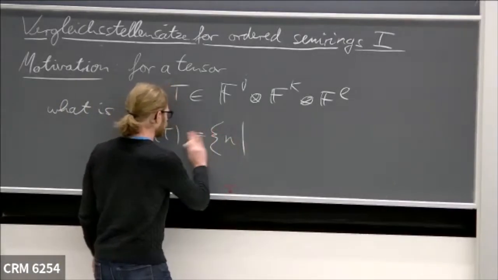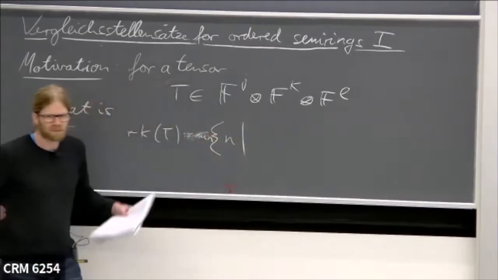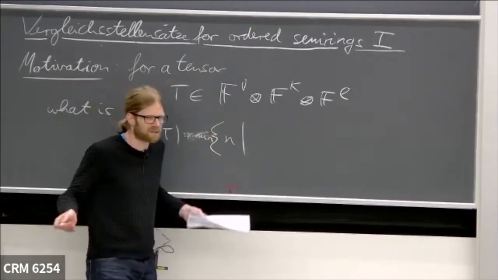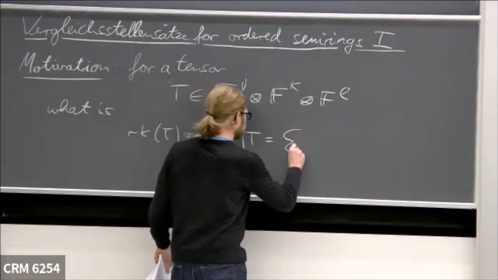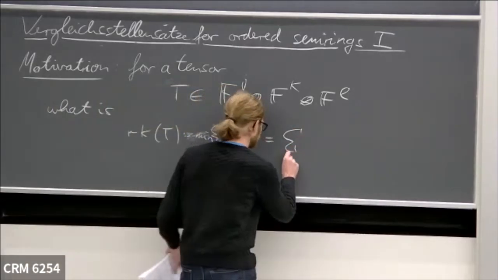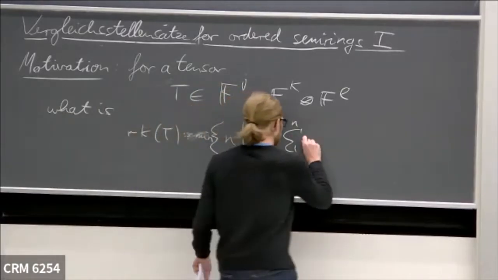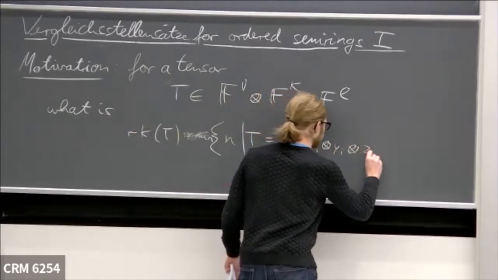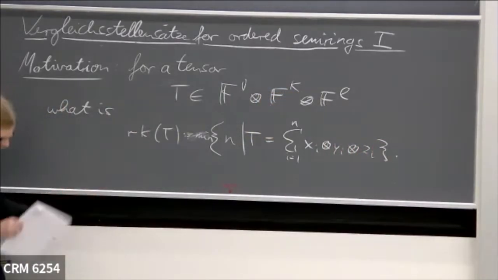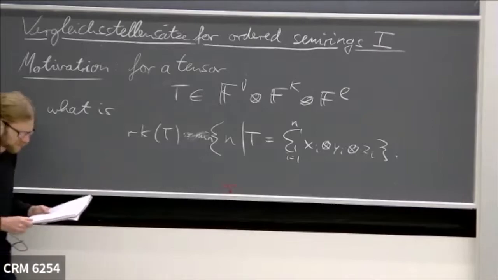It is the smallest natural number n such that we can write the tensor as a sum of elementary tensors, so there exists a decomposition in this form, with elementary tensors x_i ⊗ y_i ⊗ z_i. So this is one interesting quantity to study, and in general also a difficult quantity to understand.